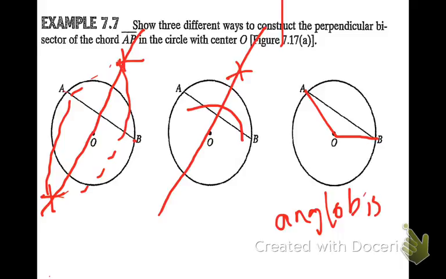In the angle bisector construction, you put an arc through the angle, and then from these two points, you make intersecting arcs, and then you draw the line, right? Angle bisector. All right, any questions there? Okay.